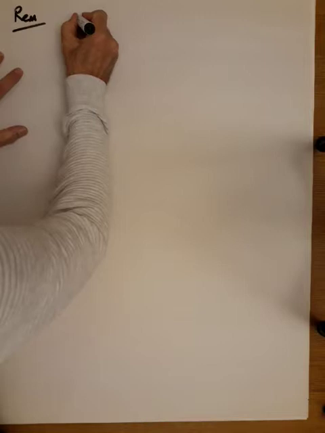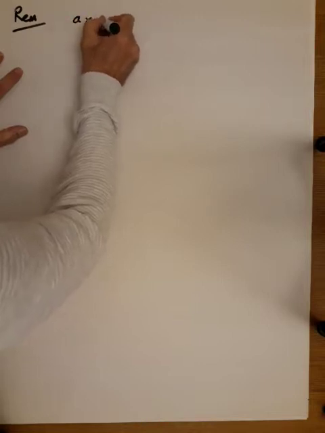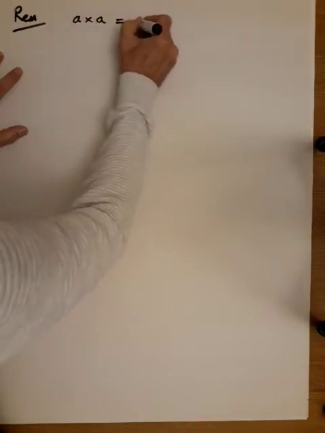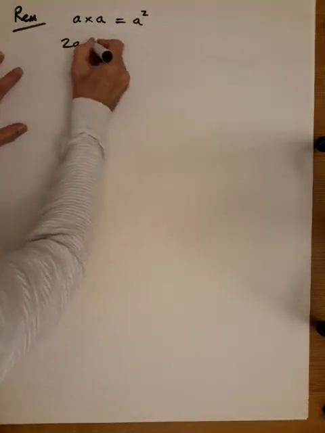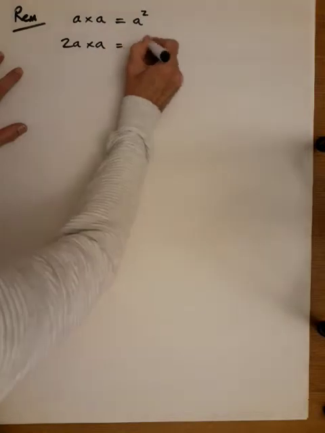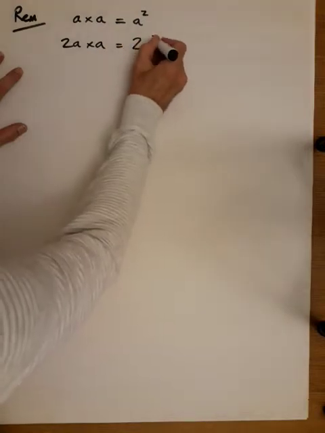So expanding brackets, you need to remember, sorry, let me just change my pen. So a times a is a squared. 2a times a is 2a squared.